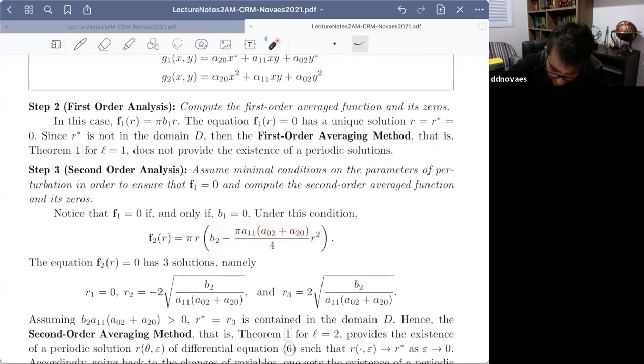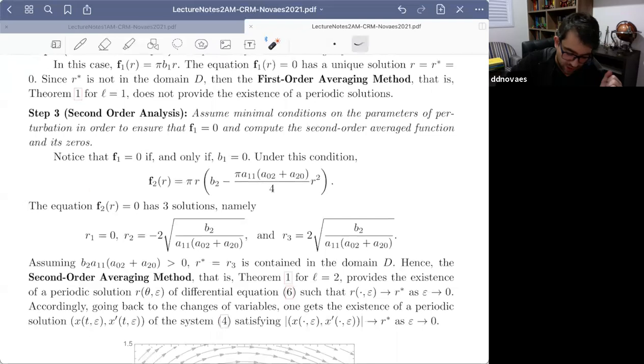However, since I'm keeping some first order parameters of perturbations, F2 is now a cubic polynomial in R, actually R times a quadratic polynomial. Then we can use the second order average function that mixes first and second order of perturbations in order to obtain information about the existence of limit cycles.